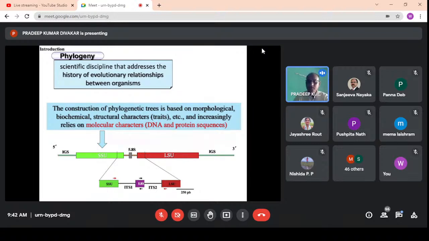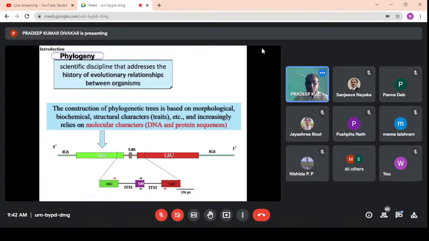The second criterion is that the selection of a molecular marker is based on our objectives. Let's imagine we want to establish the phylogenetic relation between species. We have to select a marker that has sufficient variation in the region.